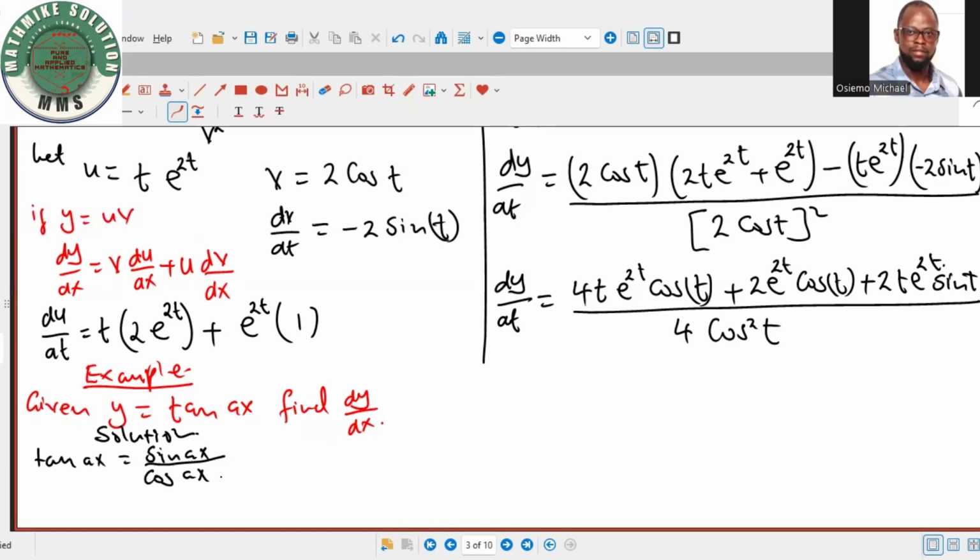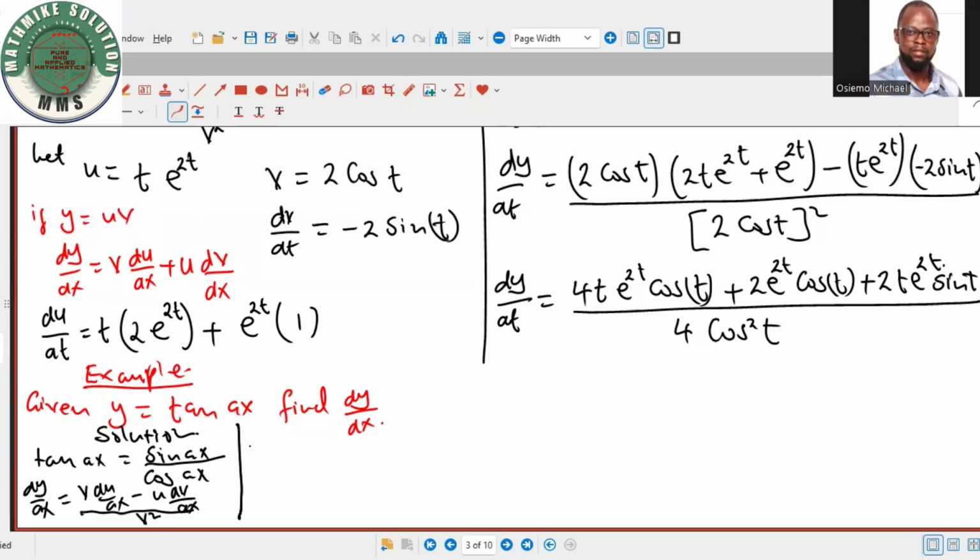Then we end up applying the quotient rule. Our quotient rule states that dy/dx is equal to v du/dx minus u dv/dx, and all this over v squared.